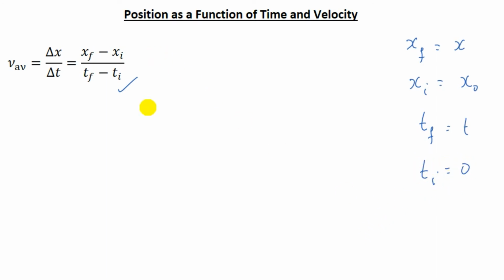So we're going to put all these values here. So the average velocity will be equal to xf, we have x, xi we have x naught, divided by final time we have t, and initial time we are taking to be 0. So from here, rearranging these terms, we'll get x is equal to x naught plus v average times t.